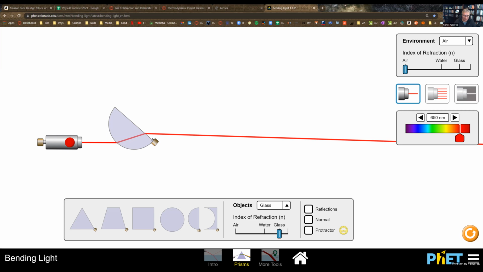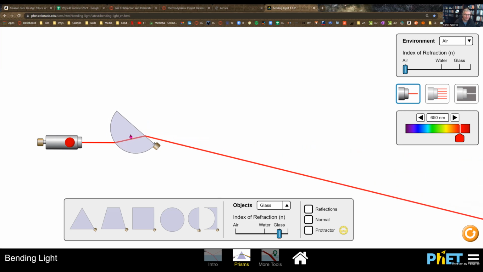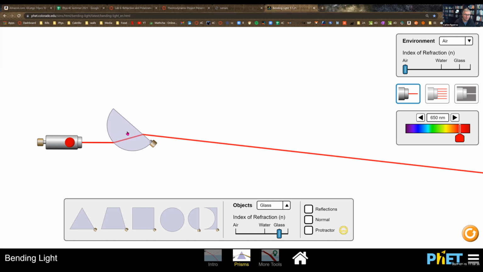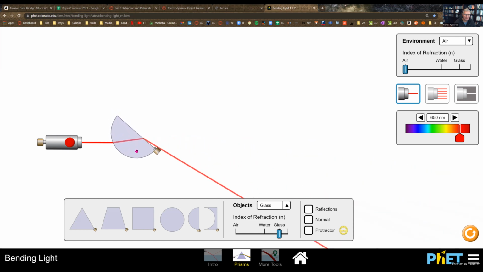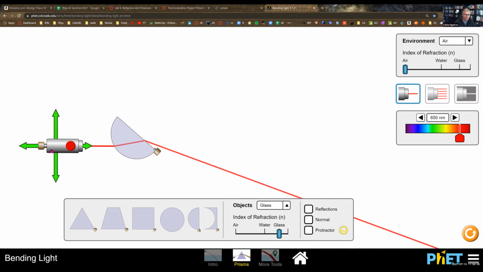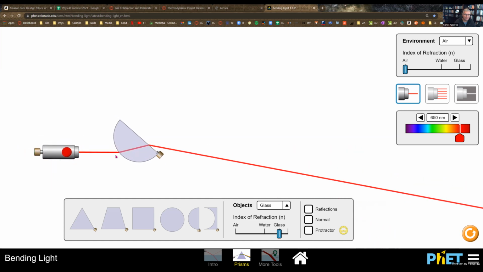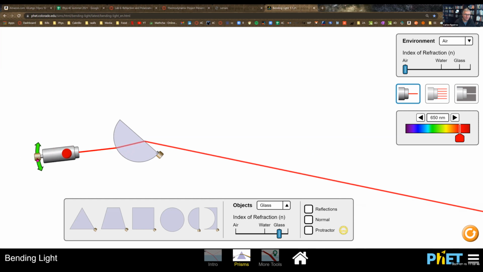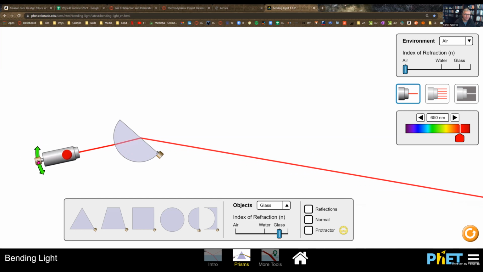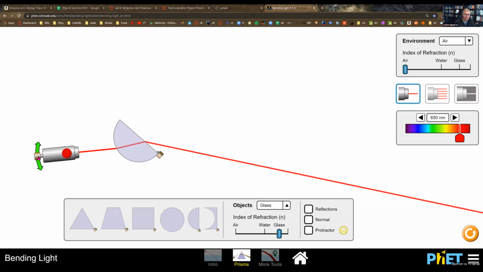Now, here's what critical angle is. So what we're really focusing on here, let me move this down a little bit more. I want that ray to come in. I think I'm going to have to rotate this like this. Okay, here's what we want. I want to get a copy of this and take this in here.